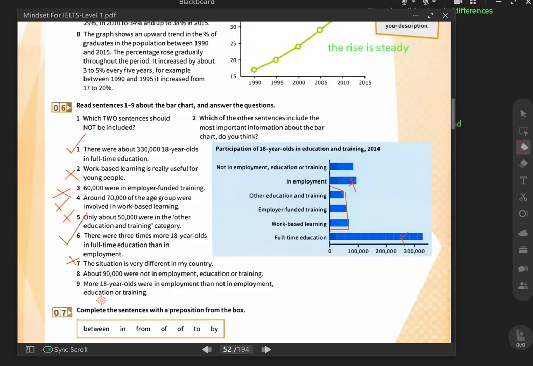8. Mm, no. We can add in general, like about 90,000 were not in employment, education, and training.